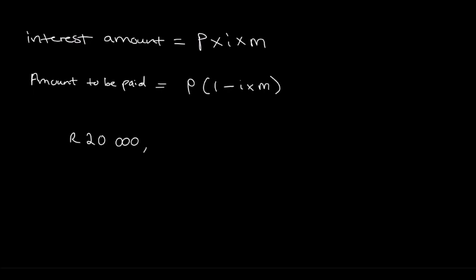So you owe 20,000 rand at, let's say, 10% interest. Okay, and the interest is per month.